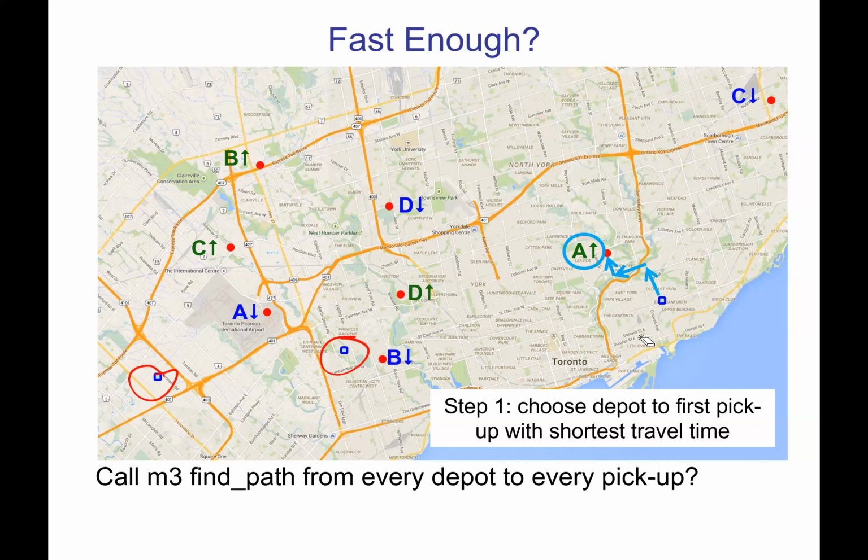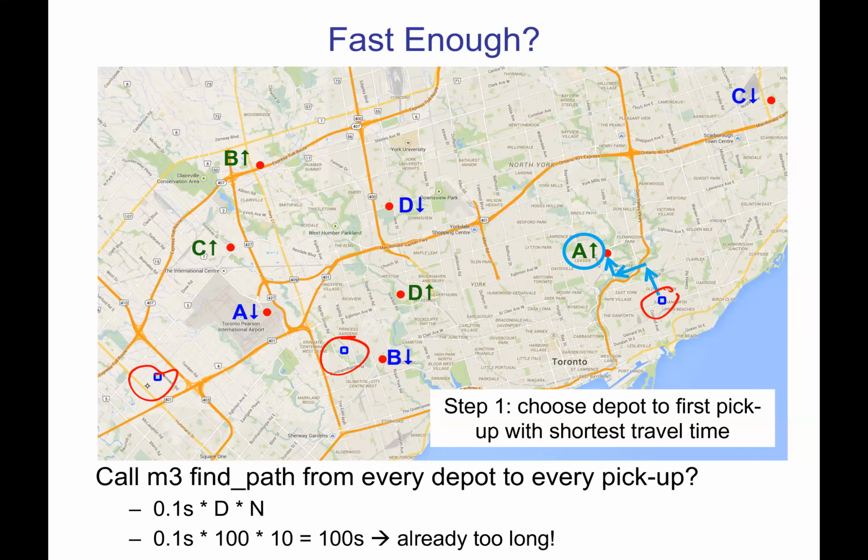Well, let's say I do invoke my find path algorithm from every depot, so from 3 depots, to each of these 4 intersections. So 12 different find paths. 12 isn't too bad, but for the larger numbers that we're going to test you on, oops, see if I can get rid of the zoom thing.